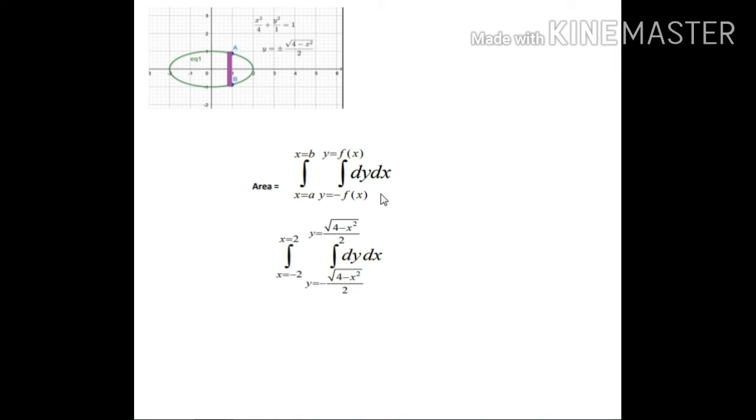So as we are taking order dy dx, our strip will be a vertical strip, and our strip varies from the lowest part of the ellipse to the highest, upper part of the ellipse. So at the lowest part of the ellipse y is negative.